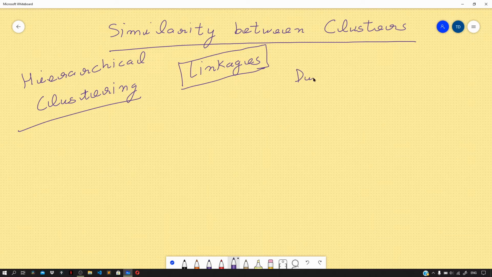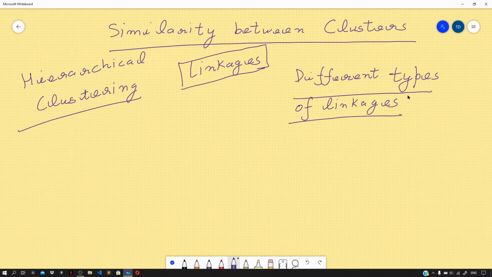So, different types of linkages. Basically we have 4 different types of linkages. First one is the complete linkage. Then the second one we have is the single linkage.